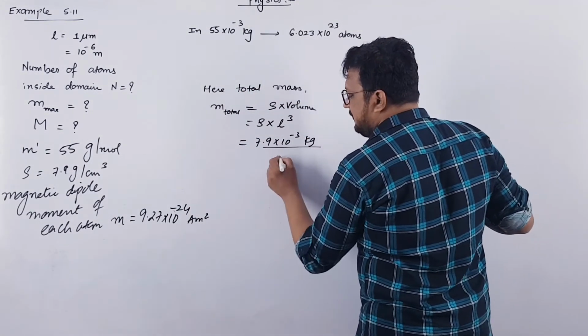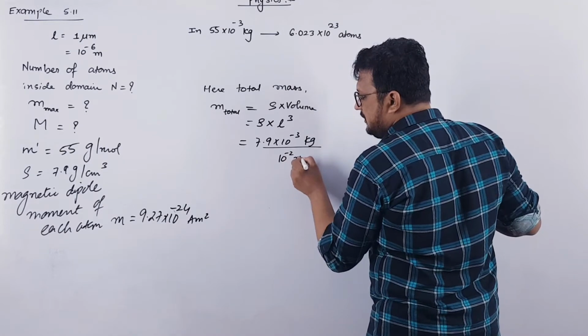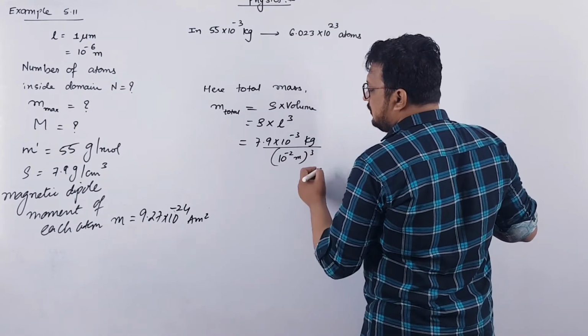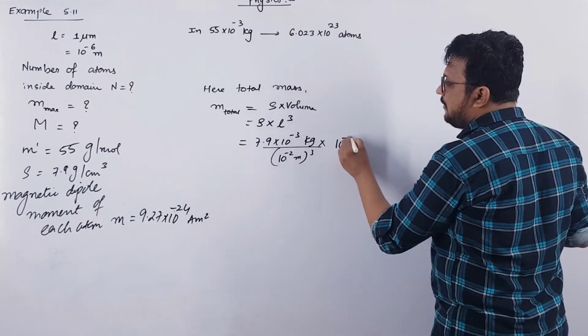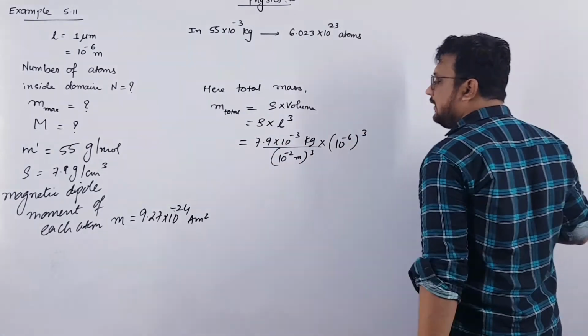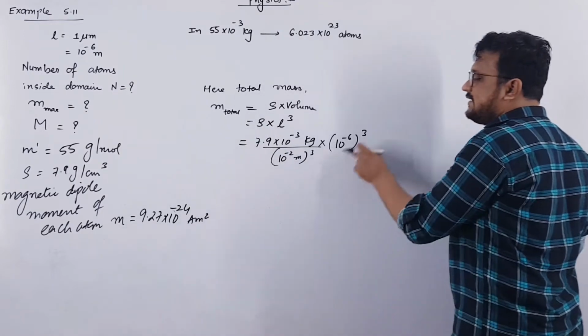Centimeter is 10 to the power minus 2 meter whole cube, into volume, 10 to the power minus 6 cube. Length is 10 to the power minus 6 and volume is L cube.